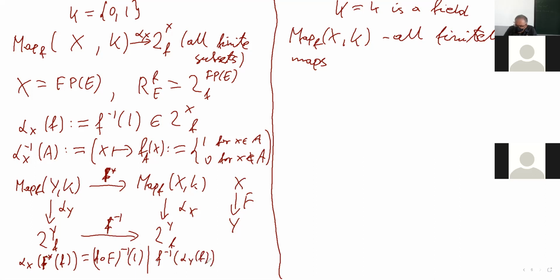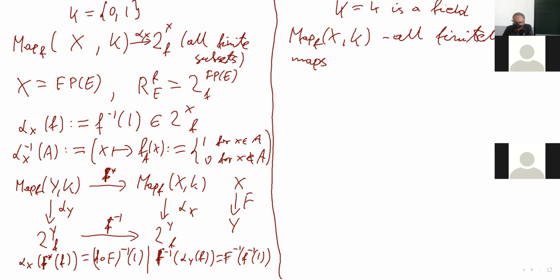But alpha y of f is, sorry, this should be capital F preimage of alpha y of f, but an end of 1. Sorry, but this is F preimage of lowercase f preimage of 1. So you see that two things agree. Okay. So we have obviously a commutative diagram here.